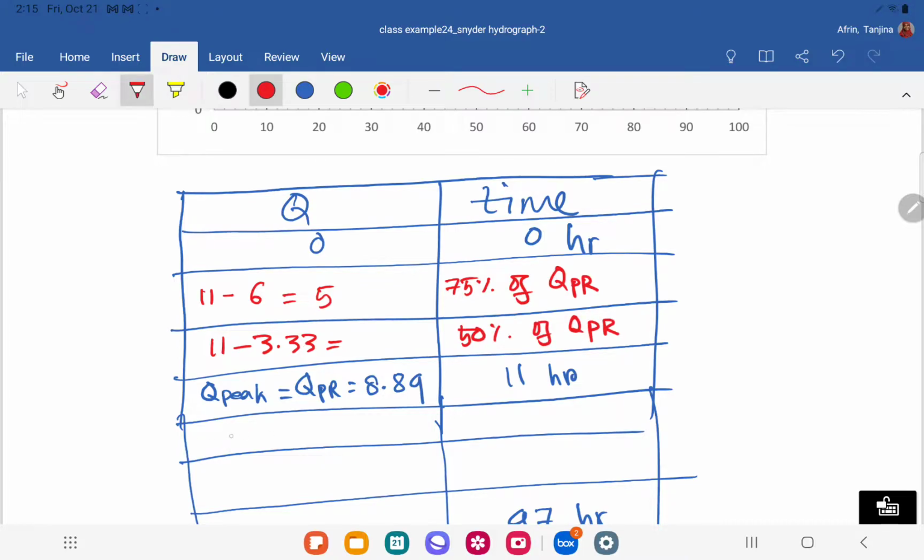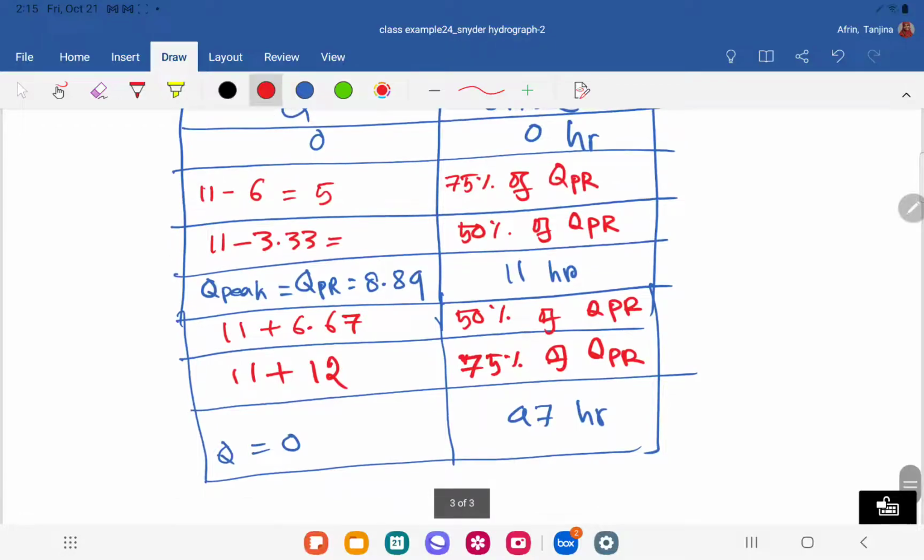And the next one will be 11.667, 50% of QPR, and 11 plus 12, 75% of QPR.